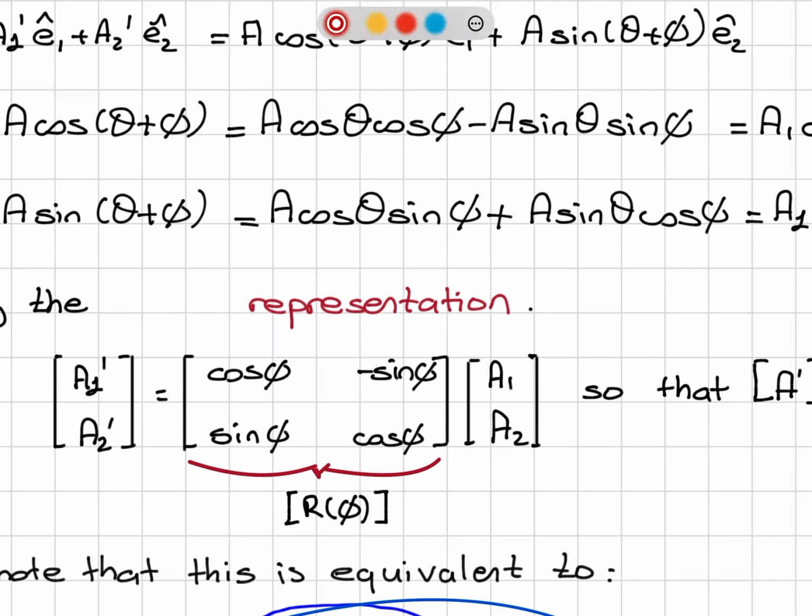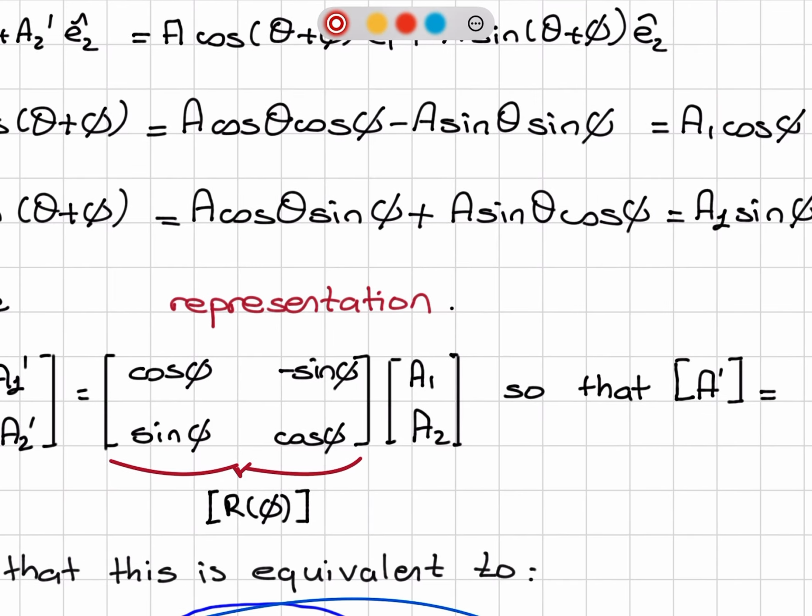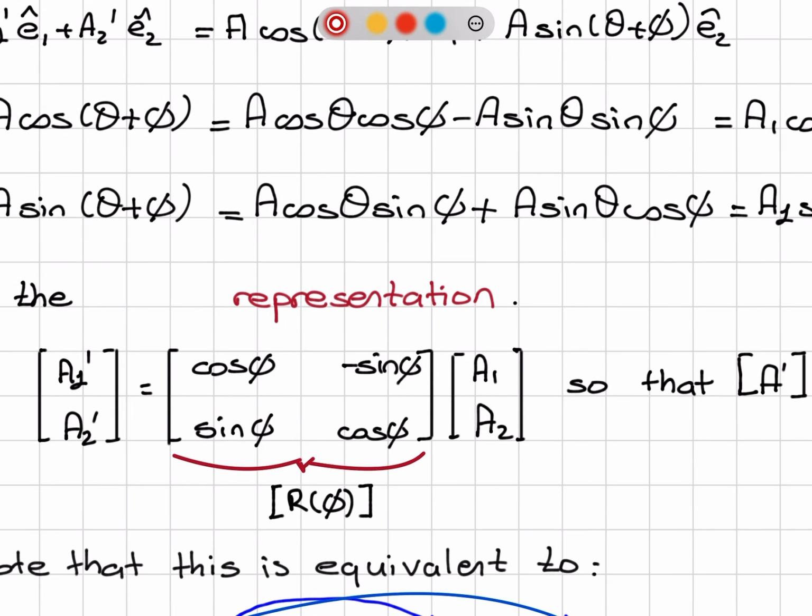So the multiplication of these two matrices, this is a 2 by 2 matrix, this is a 2 by 1 matrix, it will give me a 2 by 1 matrix, which is this one. It is cosine phi A1 minus sine phi A2, which is A1 prime, and sine phi A1 plus cosine phi A2, which is A2 prime.